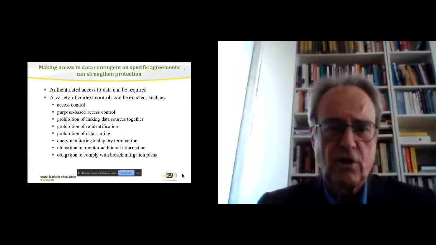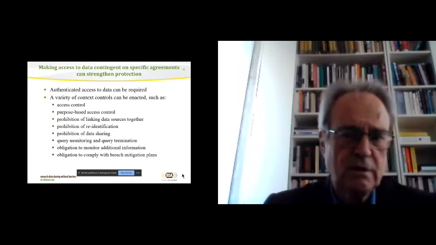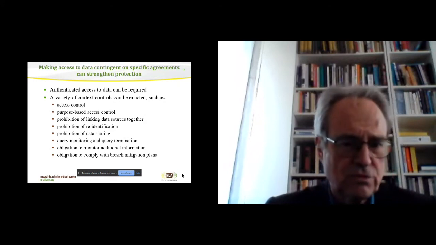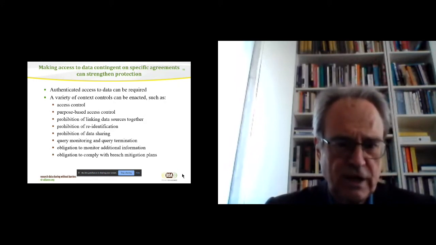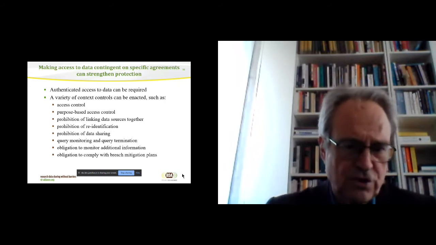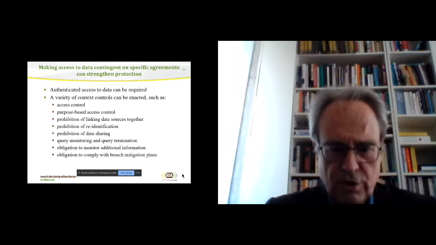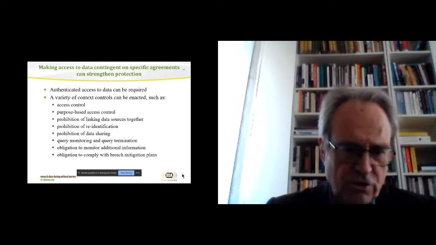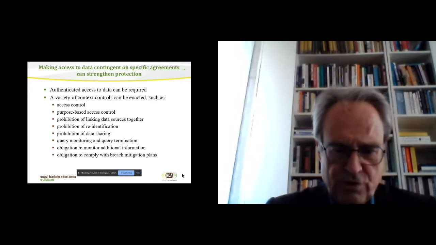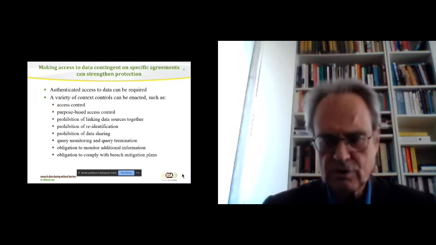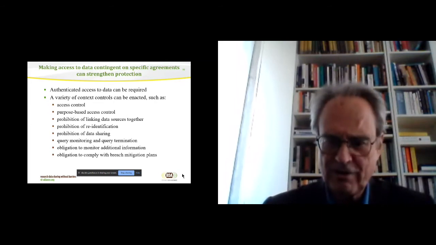A variety of context controls can be enacted, such as access control, purpose-based access control, prohibition of linking data sources together, prohibition of re-identification, prohibition of data sharing, query monitoring and query termination, obligation to monitor additional information, obligation to comply with breach mitigation plans. So, well, these are all measures which can be taken, but which complicate the idea of having synthetic data as open data.